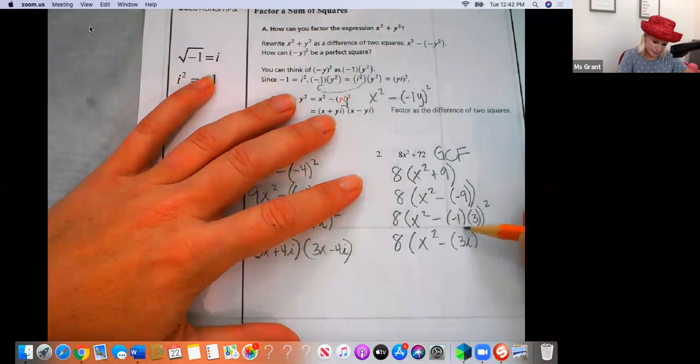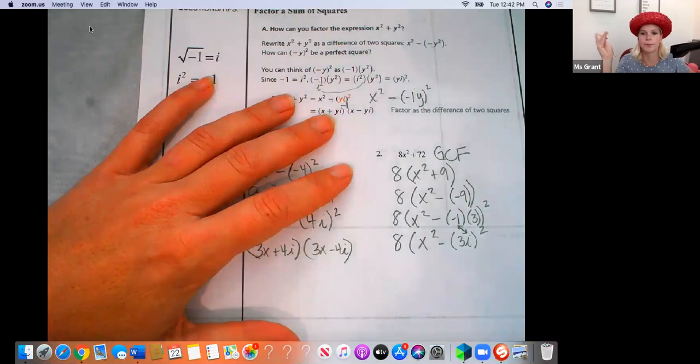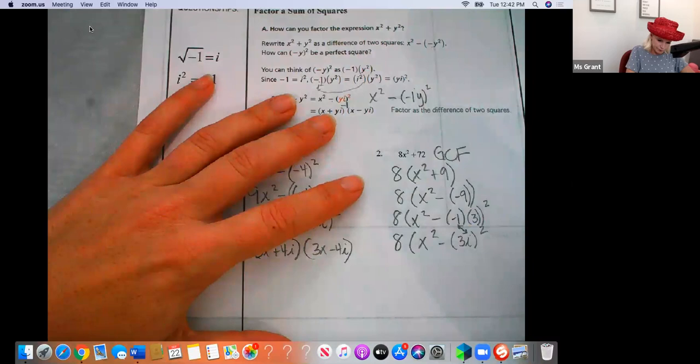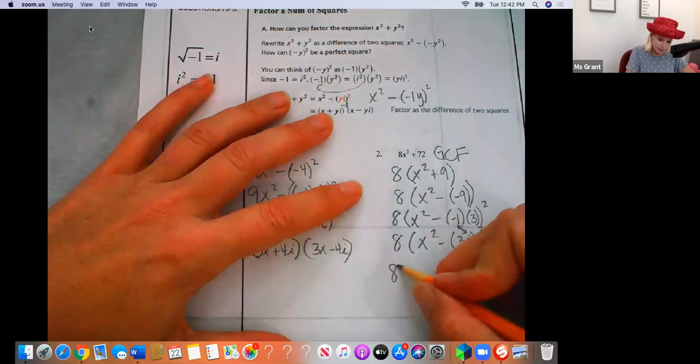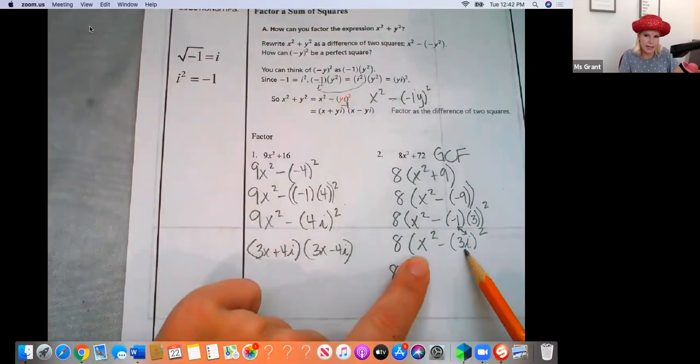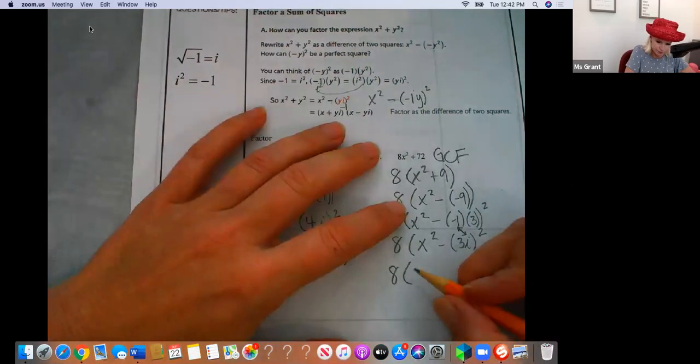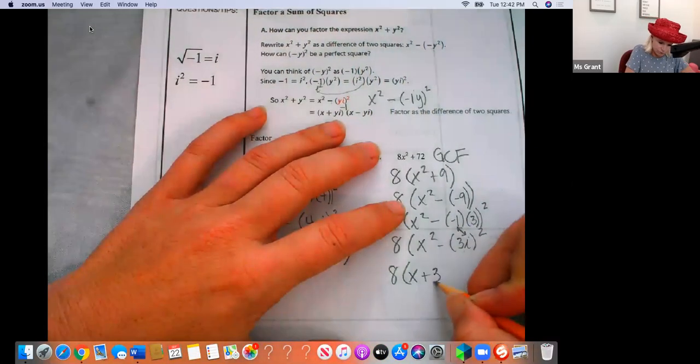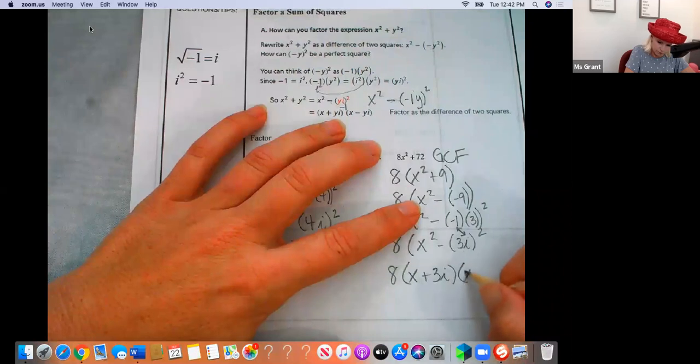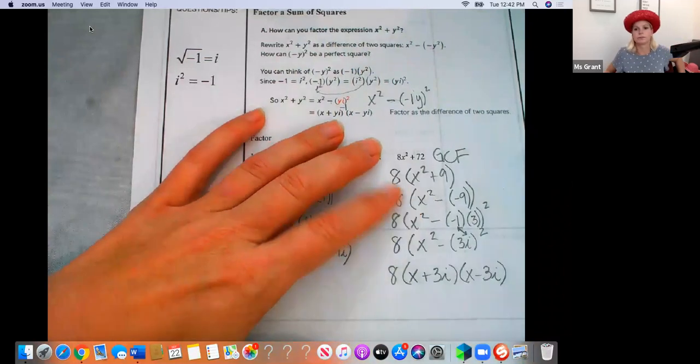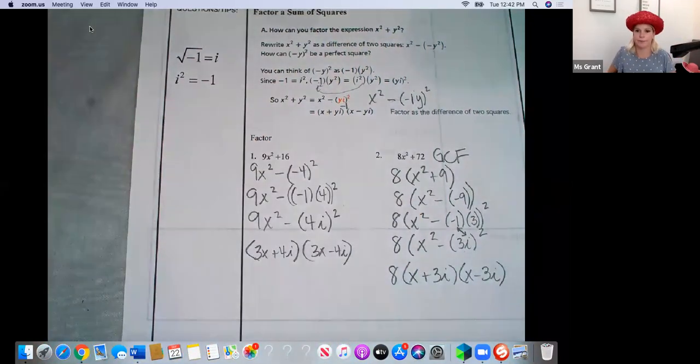Isn't i squared the same thing as -1? Right? This then is 8, and then I'm going to factor this. It's a difference of two squares. x plus 3i, x minus 3i.